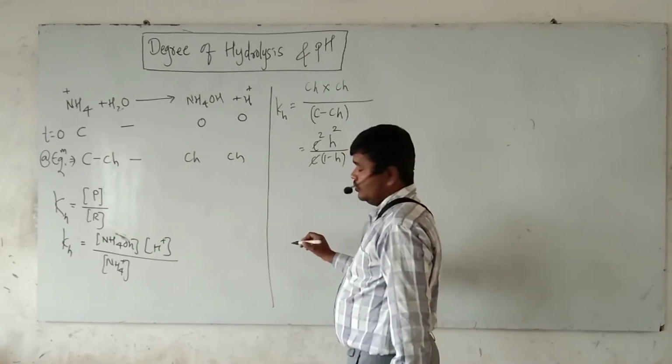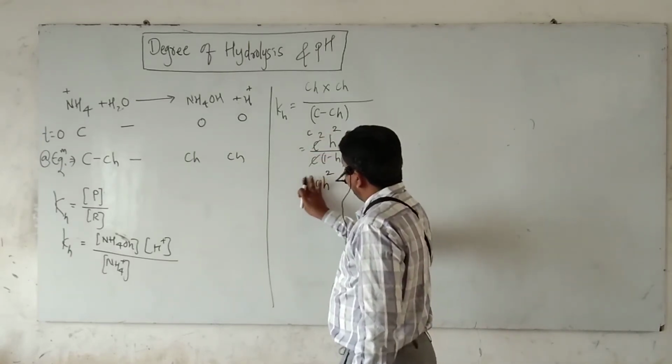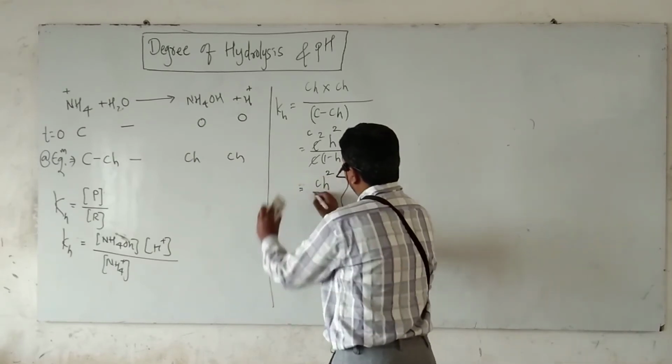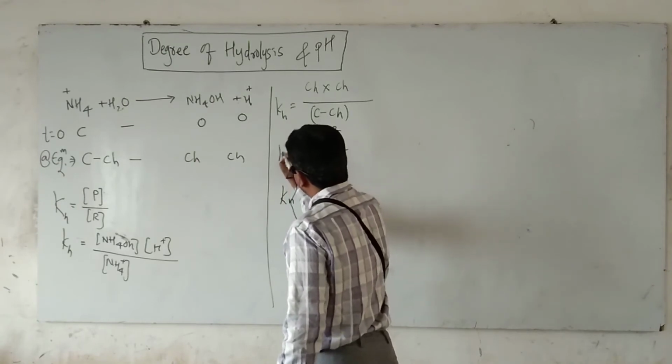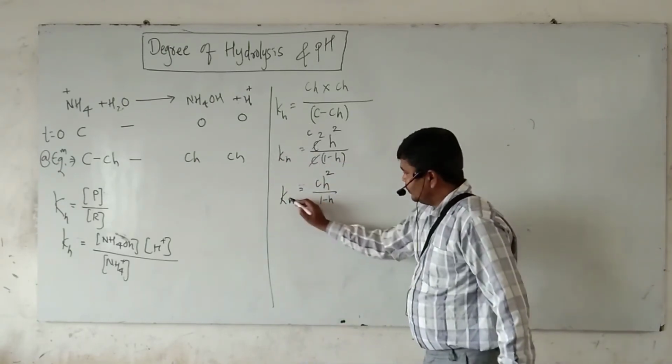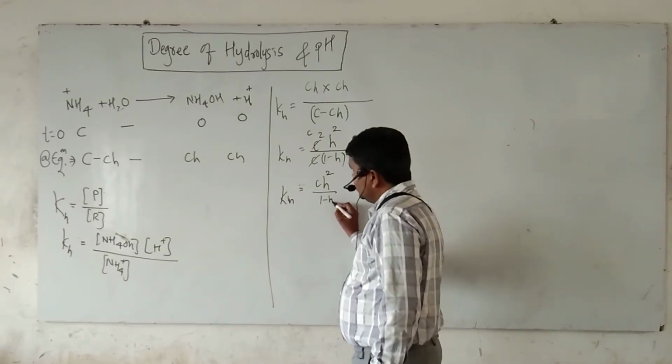C and C will be cancelled, one C will be left. So CH square upon 1 minus H. This is your KH, the hydrolysis constant KH.